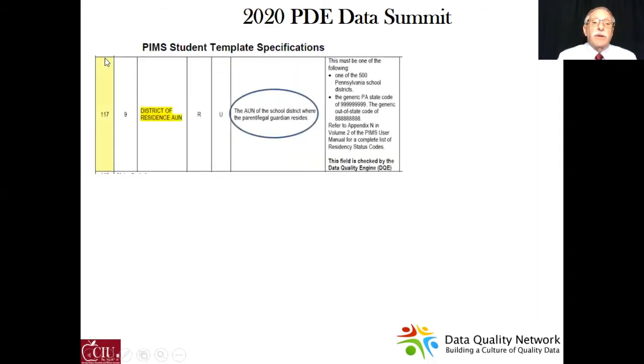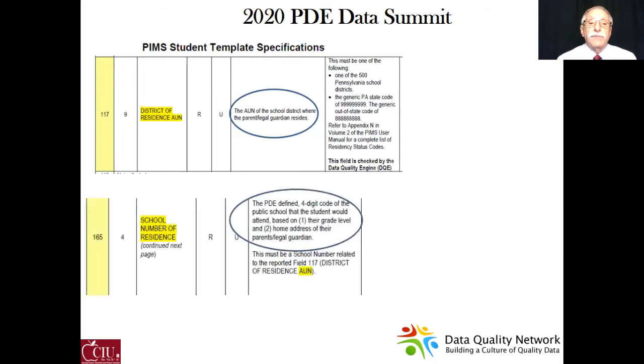And the district of residence AUN is going to be the AUN of the school district where the parent or legal guardian resides. It doesn't matter if the child is at a residential facility; this is always reported as the district of residence of the parents.